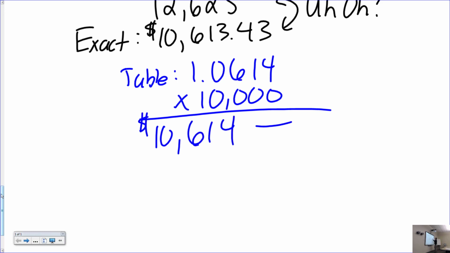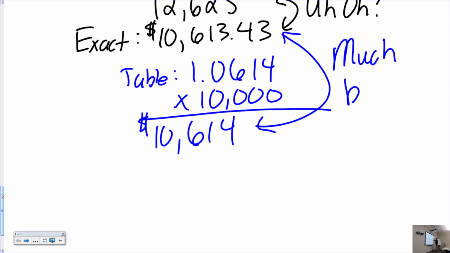Is that a little bit closer than what we were at before? Exactly. Yes. Much better. It would suck if the tables actually didn't work, right? Because then you would always have to do it the long way.